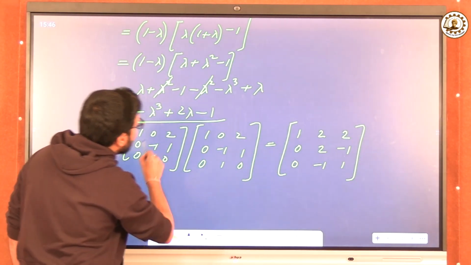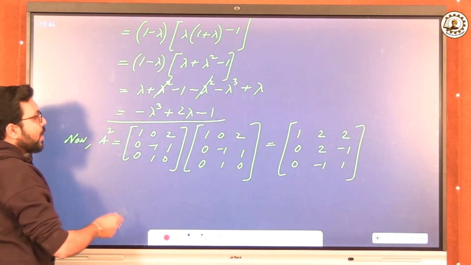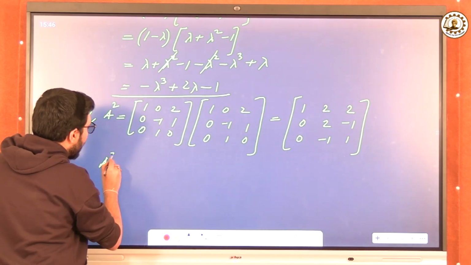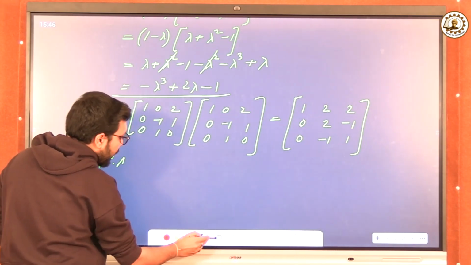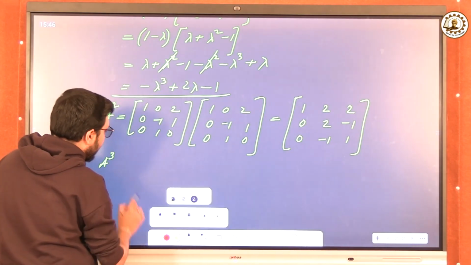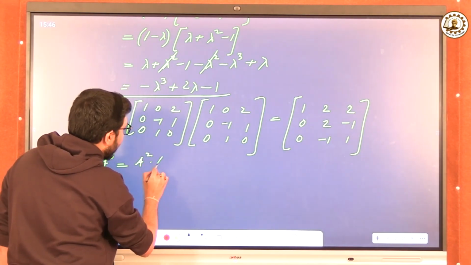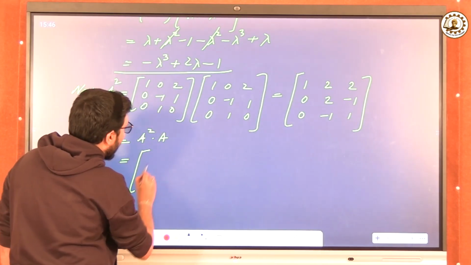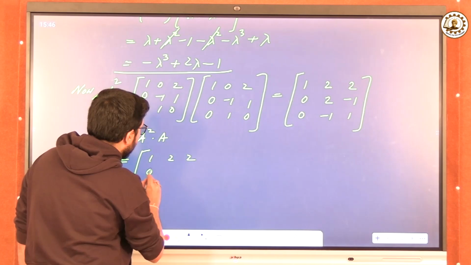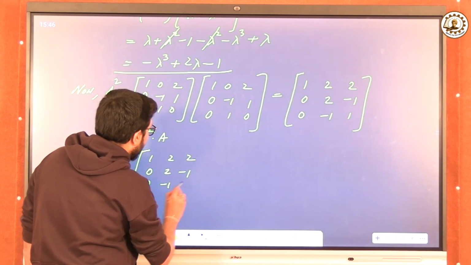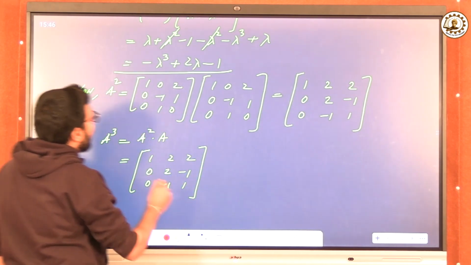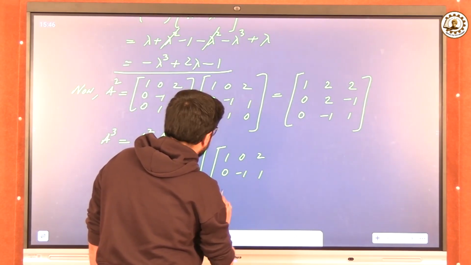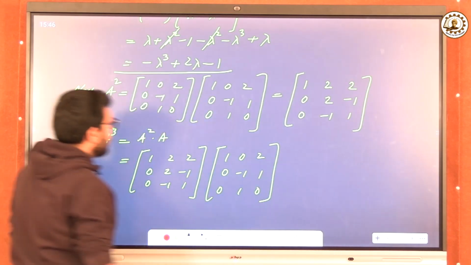Since in this expression here we have lambda cube, we are supposed to find out A cube. So let's find out A cube. How do we get A cube? Of course, A square into A. I already have got the value of A, so let's just substitute the same value. This is A square and A was here.